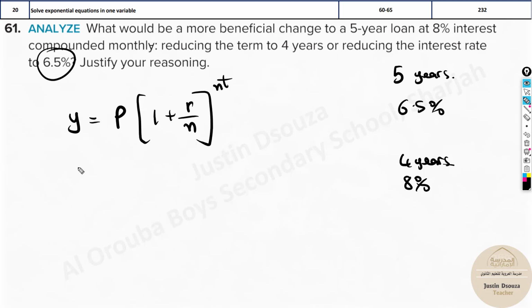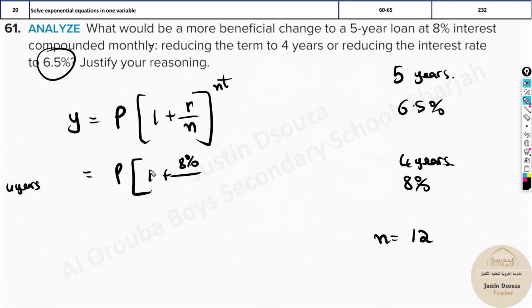Here, first one, the final answer would be principal amount, which is unknown. Let's keep it like that. 1 plus, what is r? r is the rate. I will do for 4 years first, okay? This is for 4 years. 1 plus r, which is 8% over n. Compounded monthly means n is every month in a year, so it is 12.